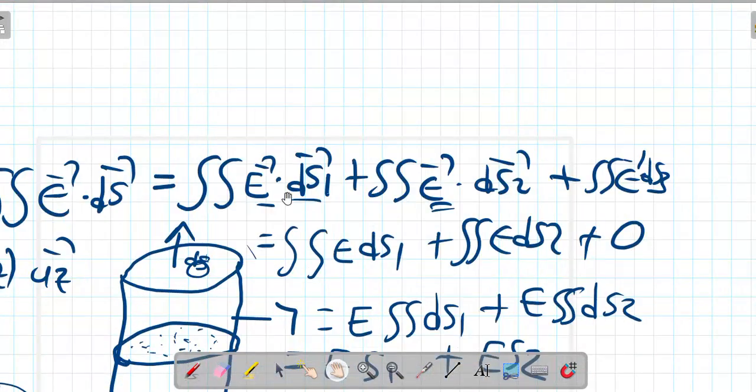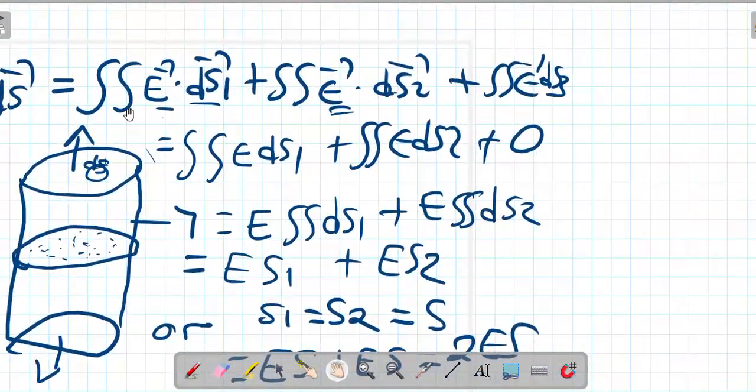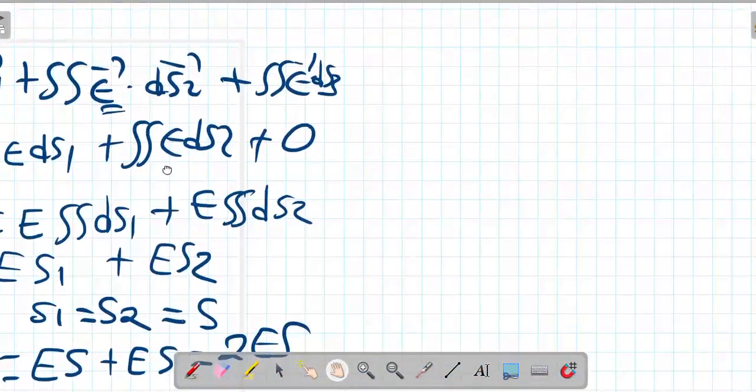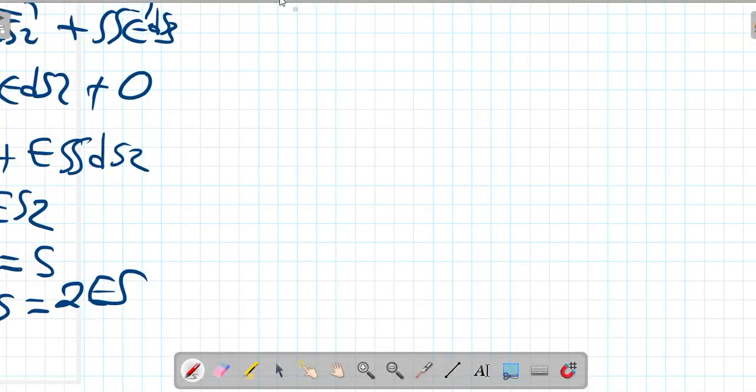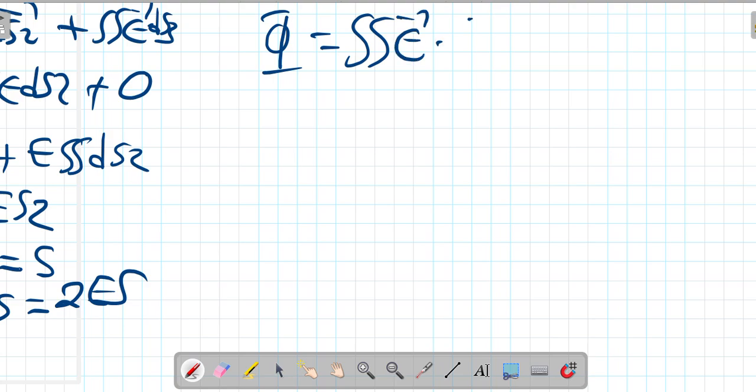Now let us also try to deal with the right hand integral, because from what Gauss said, flux, which is given by the integral of E dot ds, is given by q in over epsilon 0.